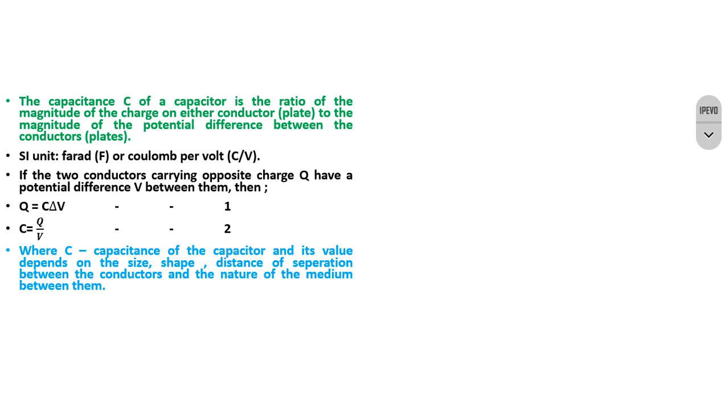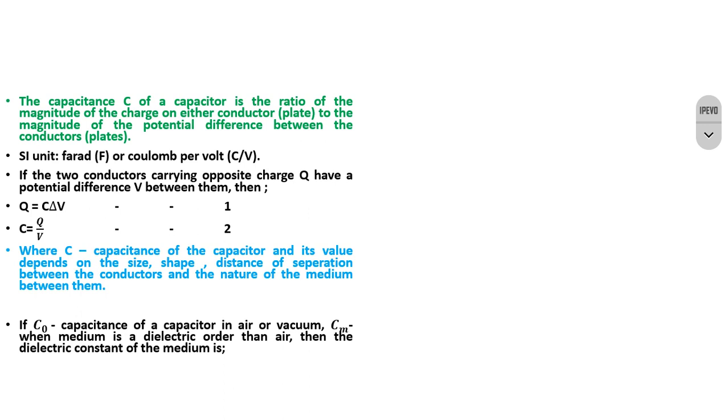One could ask, what are those factors that affect the capacitance of a capacitor? You can see them here: the size of the material, the shape, the distance of separation between the conductors, and the nature of the medium or the dielectric substance between them.